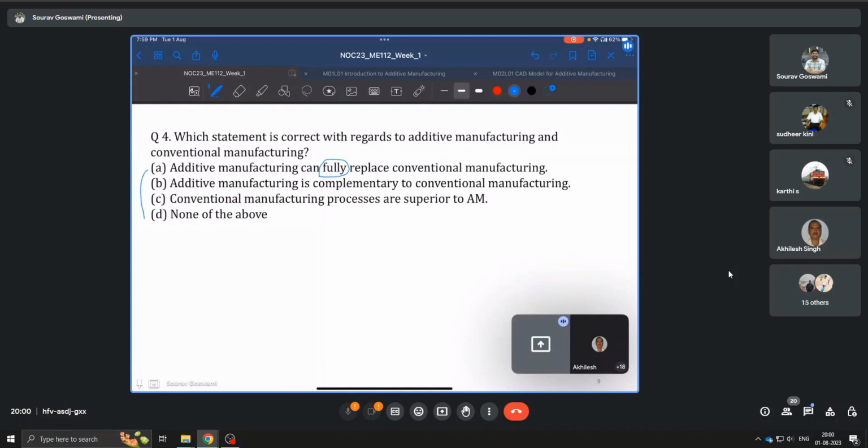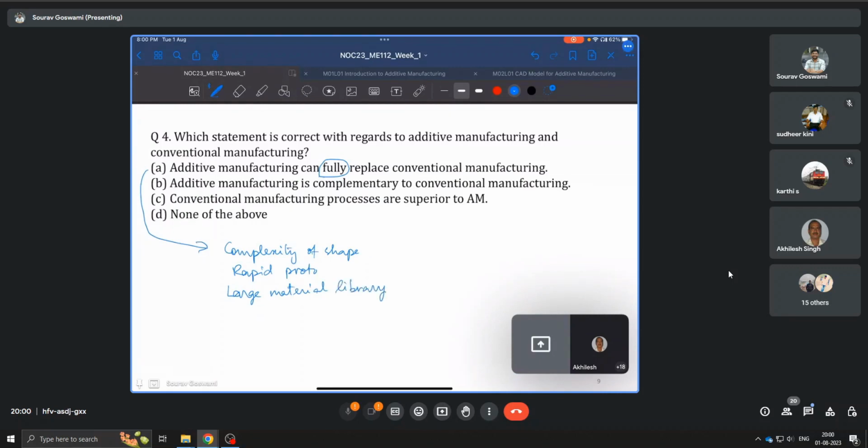So the thing about AM is that it does offer many advantages, such as complexity of shape, the ones we discussed, and rapid prototyping, then a large material library, so anything from ceramics to polymers to metals and whatnot, food.